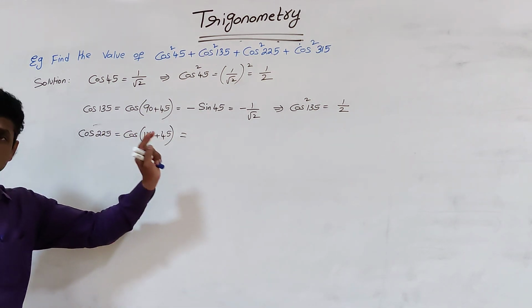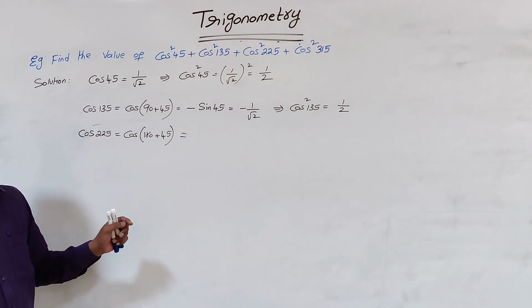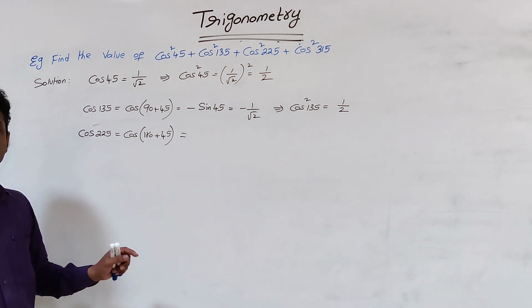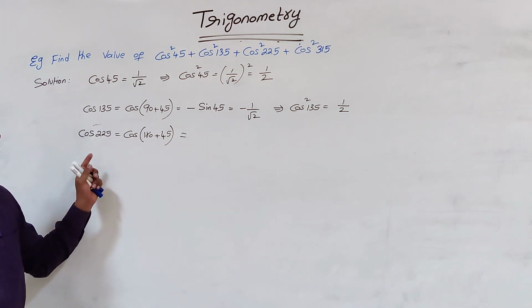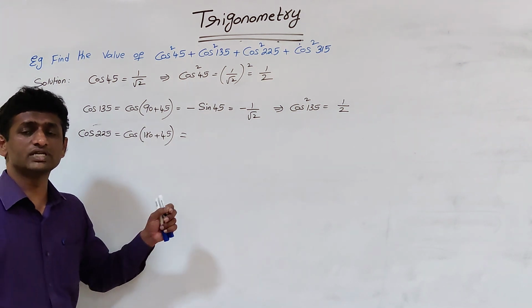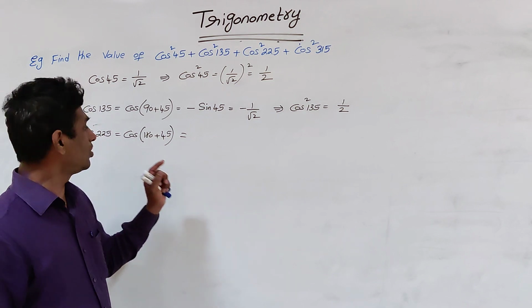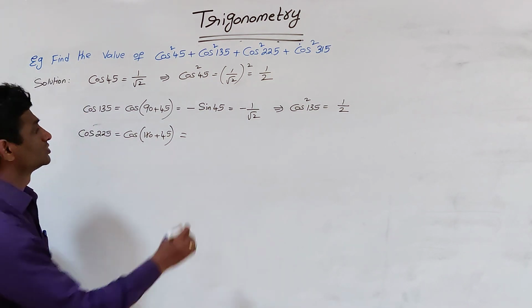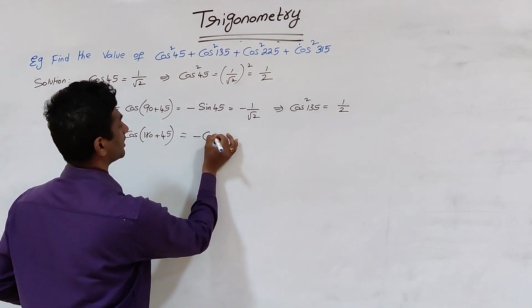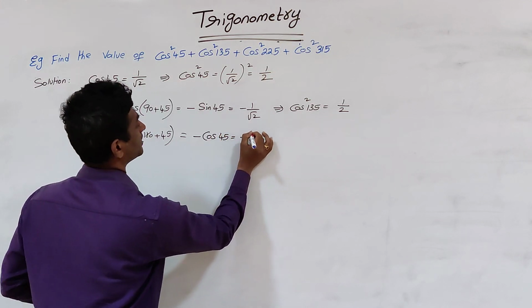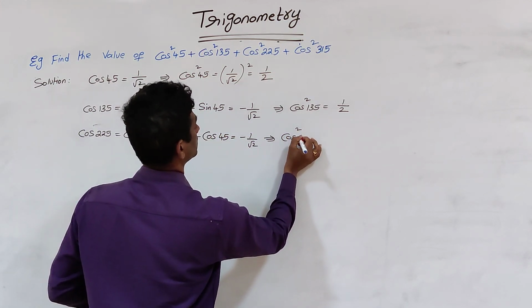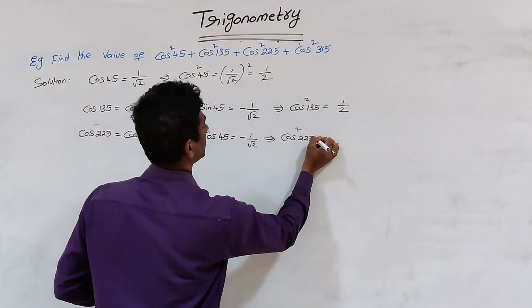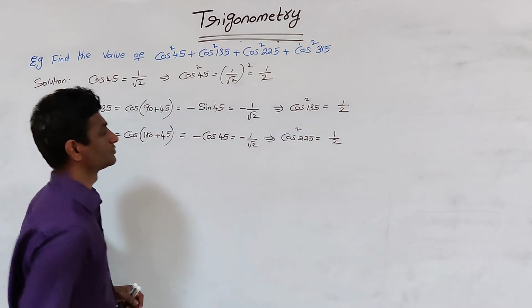Cos becomes cos, and whether it is plus or minus depends upon where this 225 degrees lies. 225 degrees lies in the third quadrant. In the third quadrant, cos is negative. So it will be minus cos 45, and that is minus 1 by root 2. Therefore, cos square 225 will be again 1 by 2.